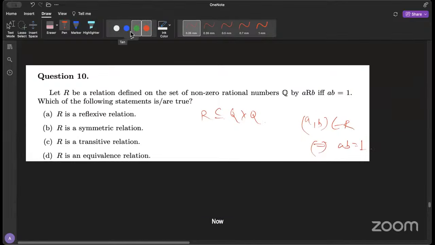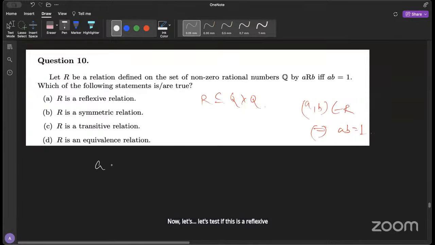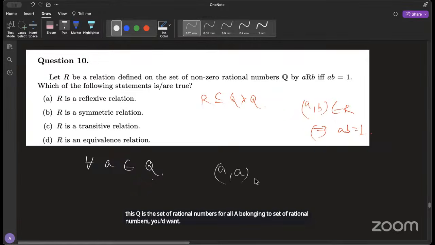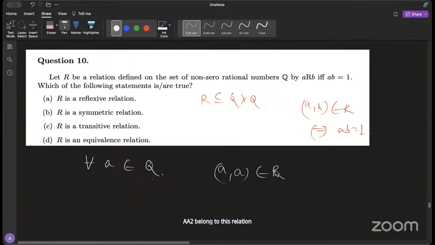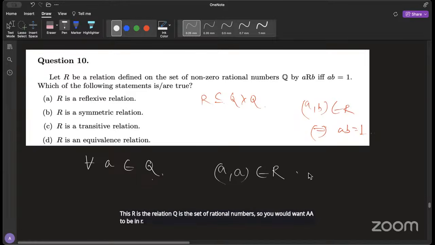Now let's test if this is a reflexive relation or not. For reflexive, you have to show that for all A belonging to Q, the set of rational numbers, (A, A) belongs to the relation R. And when is (A, A) in R?